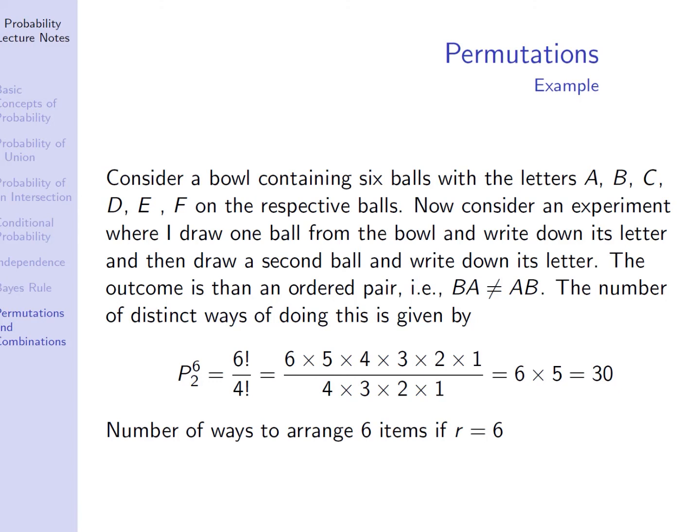The difference between permutations and combinations is that for permutations, the position matters. So A and B is different from B and A. Whereas for combinations, A and B is the same as B and A. In this case, with the 6 balls, think about you are having 6 balls and you pick 2 of them.